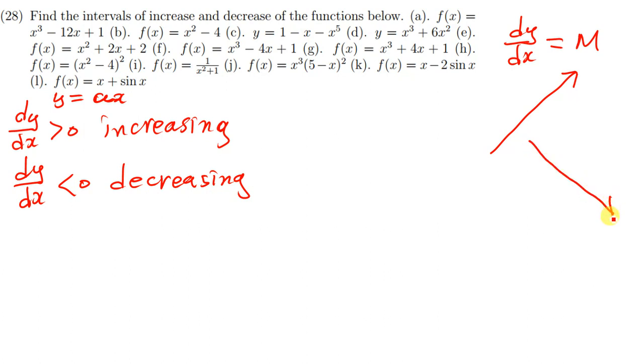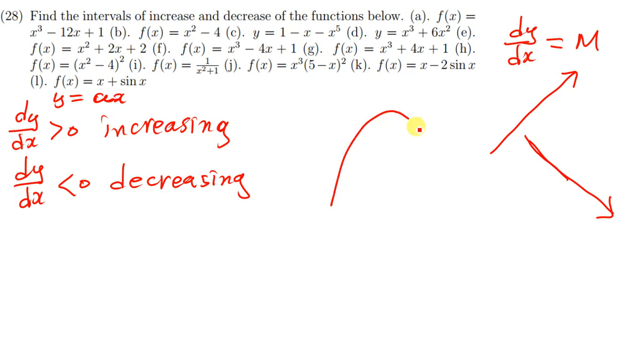It's like this, meaning it's decreasing. We know dy dx is a gradient function, and when we say the gradient is less than 0, it simply means that the gradient is negative. Hence at that point the function is like this.